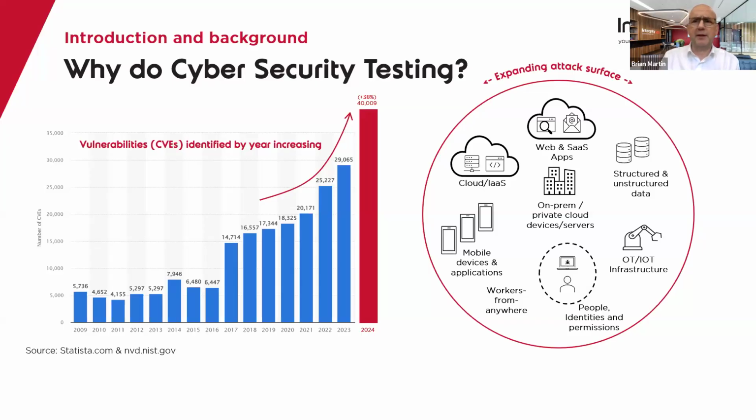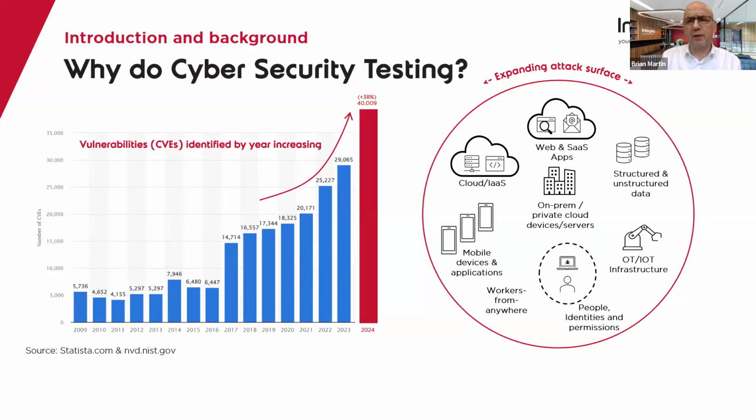We've also got to deal with the fact that there's an ever-expanding attack surface. So no longer is everything neatly contained within a network perimeter, where you just need to make sure your perimeter is locked down. Yes, we do have on-prem private clouds, devices, and servers, but we also have cloud infrastructure as a service, web, SaaS applications, structured and unstructured data, mobile, and of course our workers now working from anywhere, accessing resources and applications from everywhere.